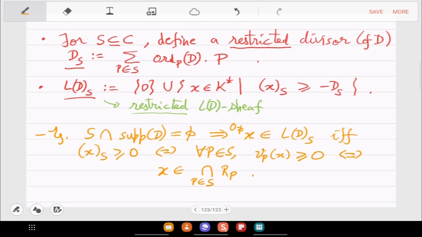Right, and so this is a big difference from LD. In the LD sheaf, you will have more functions, right? Because there you are not restricting to S. Sorry, I'm making a mistake. Yeah, right, smaller. Let's write that down. So LD will be smaller than LDS. Why is that?